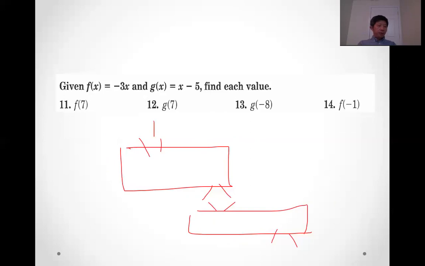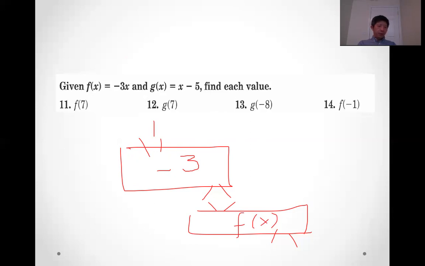Here f of x is equal to negative 3. Then I have to put the negative 3 into another f of x machine, right? So negative 3 goes in here.